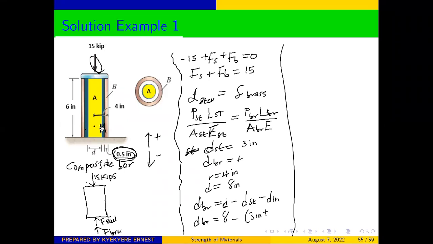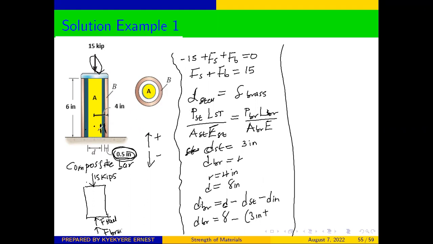Okay, so we have the 0 point, minus the diameter of the insulation. So let's see from the question. We are told that this is 0.5.